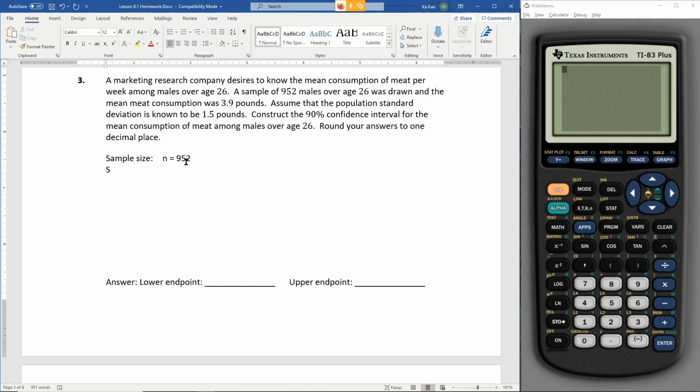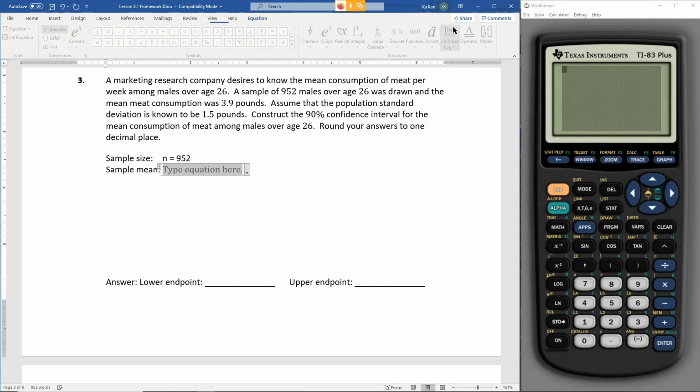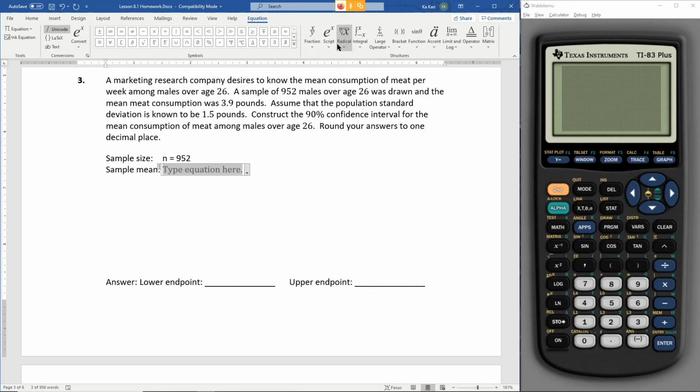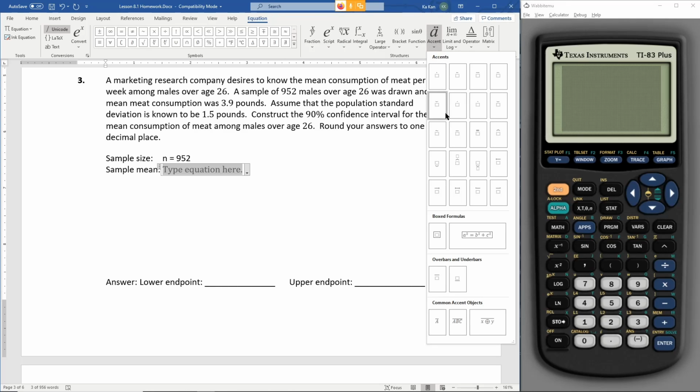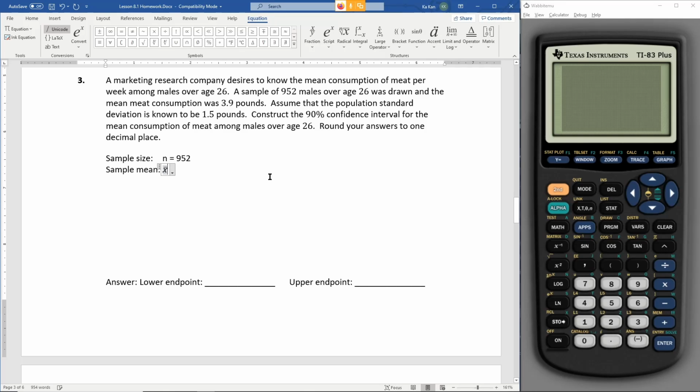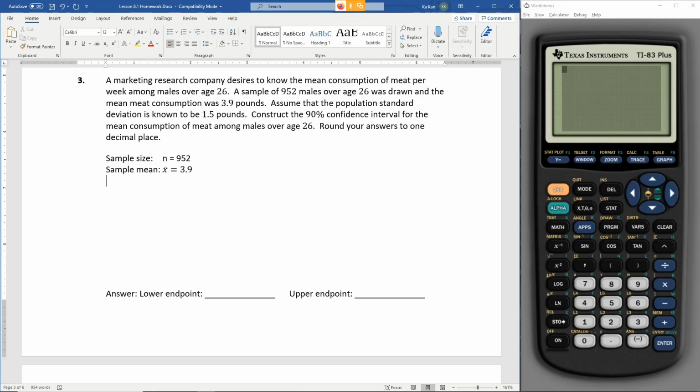So the sample mean, and I'm going to be careful and put it the way your calculator has it, x-bar equals 3.9, like that. So we got that.